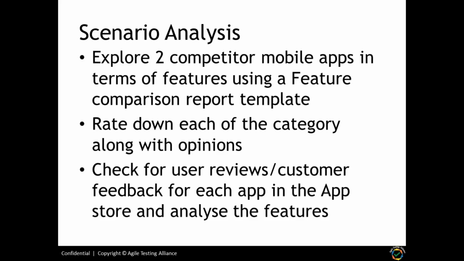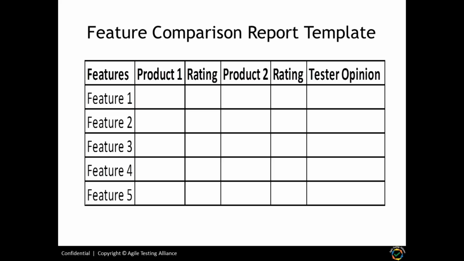So from a tester perspective, you have to test that when you search for something, you get your app first, right? Then once you go inside the app, you see what features are there in your app, and what features are not there which are there in your competitor app. So this is a feature comparison report template.